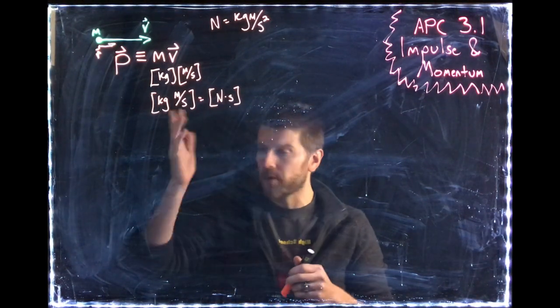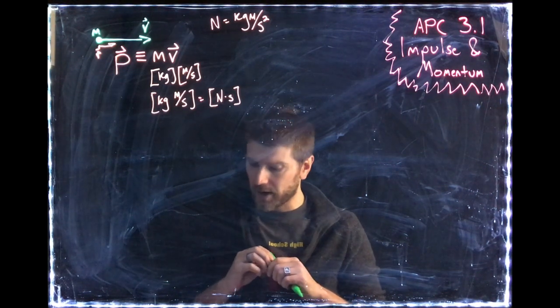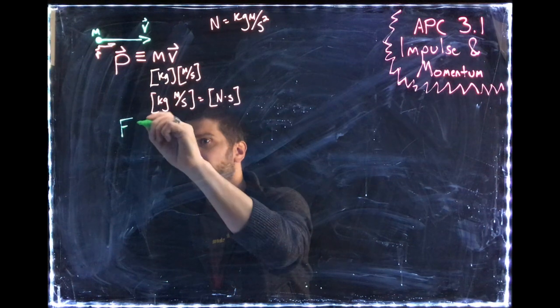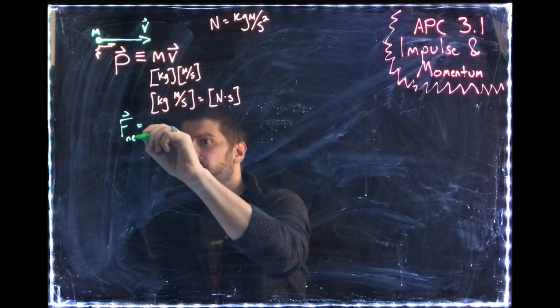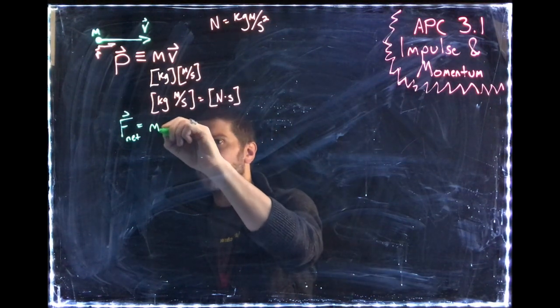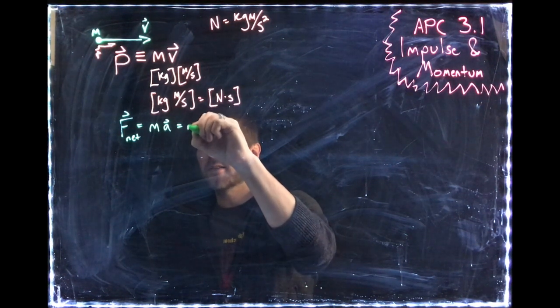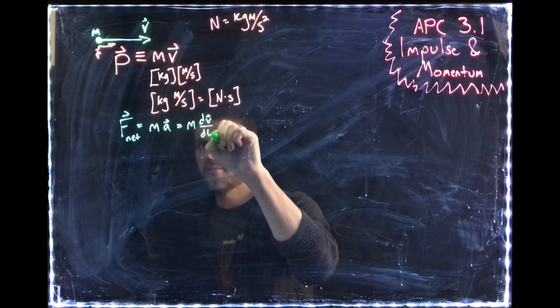If we have just one particle like this, one thing jumps out at us right away if we look at force. We just finished up a unit on force. If I apply a net force to that particle, what do I get? Well, it's ma. I know F equals ma. But because of kinematics, I can also write this as m dv dt.